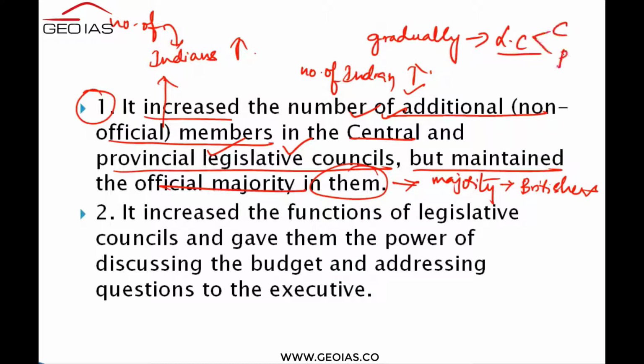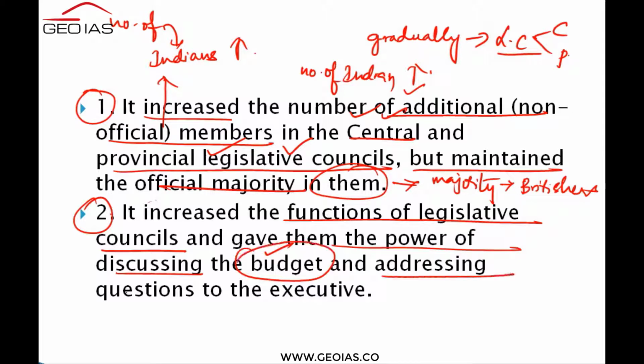The second provision of the act of 1892 is it increased the functions of legislative councils and gave the power to discuss the budget and address questions to the executive. So the functions of the legislative councils got increased. The members of the legislative councils at both provincial and central level can discuss the budget and address questions to the executive.